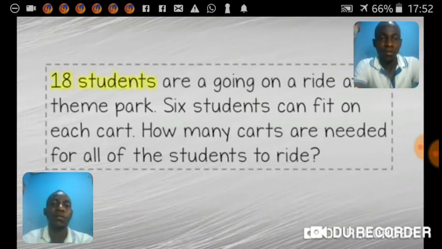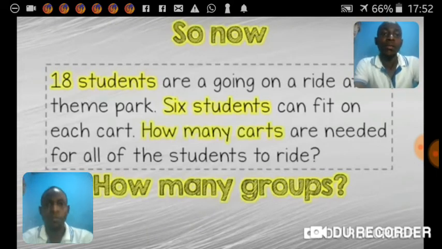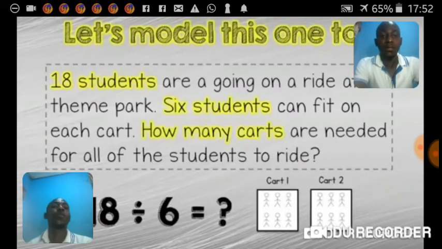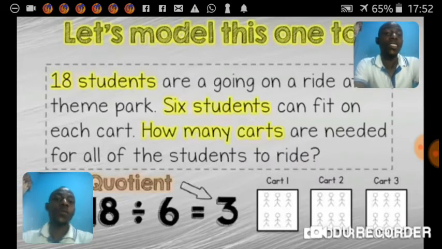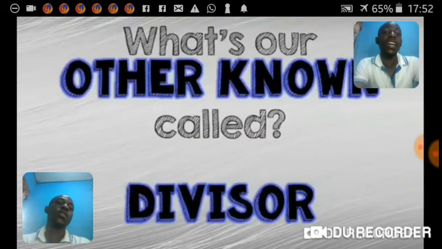We know the total. Check and this the out. things in each group. You can solve it. So now how many groups? Let's model this one too. 6 in each, there's one group, but the total's 18. Another group of 6 is 12, right? Yeah, that's Again. it. Then another makes 16, that's what I'm What's saying. the total called? Oh, no. Dividing.